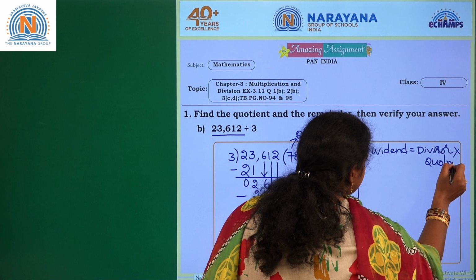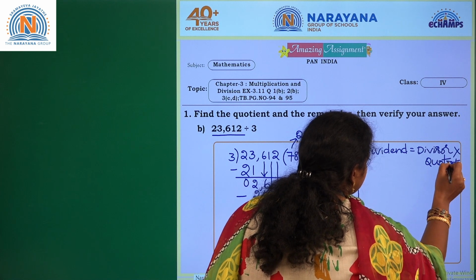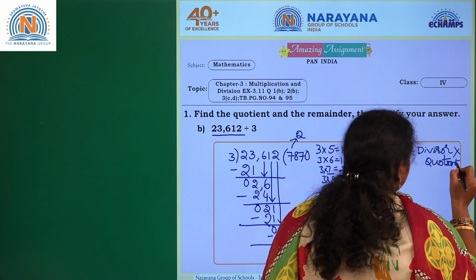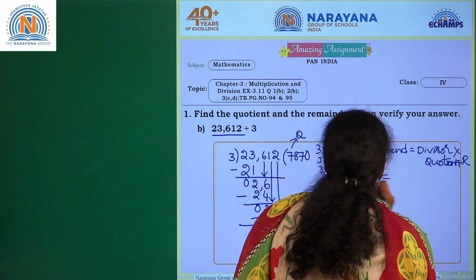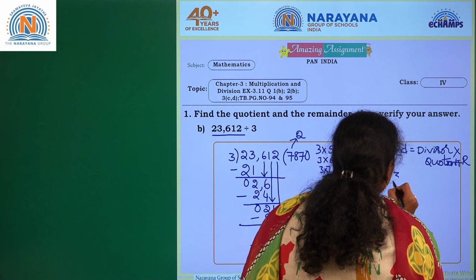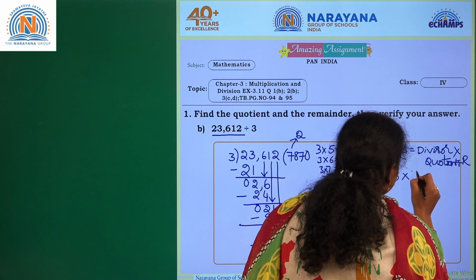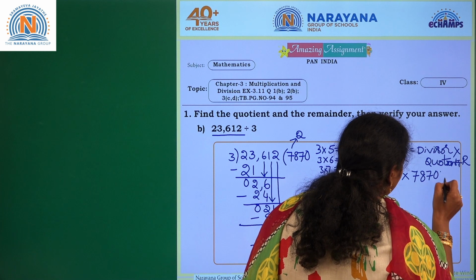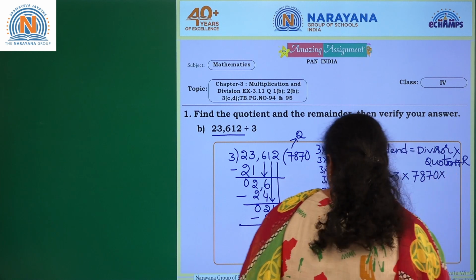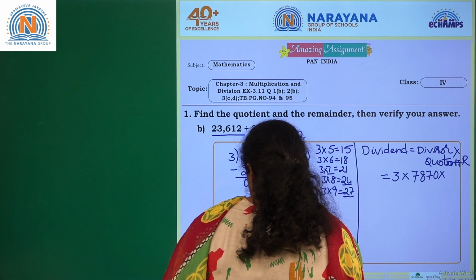Am I right? So what is the divisor here? It is 3. And what is the quotient? 7,870. And what is the remainder, children?